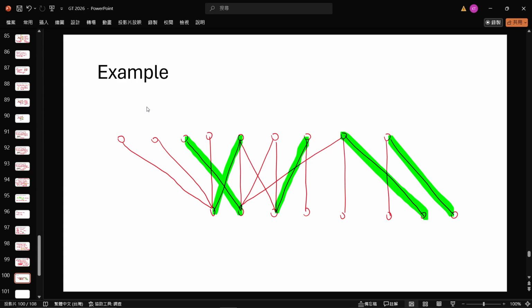For example, I can use this edge to reach this vertex, and then I have no choice but to follow this green edge because it must be an M alternating path. After I reach this, I can use this edge to reach this one, and use this, and then use this. Now I've reached an unsaturated vertex in V2. So that's job done.